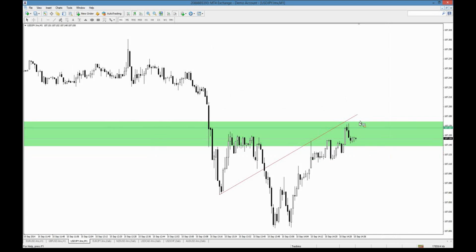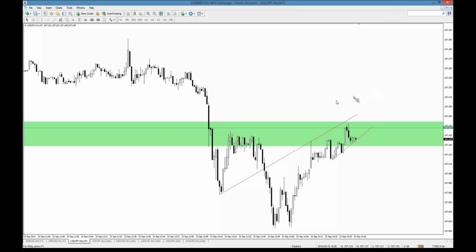Looking for false breaks, wedges, tops, that kind of thing. Even simple little trend line breaks at these areas can offer pretty decent little trading opportunities.